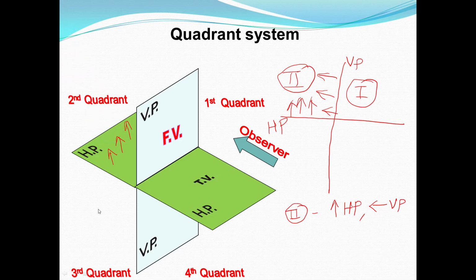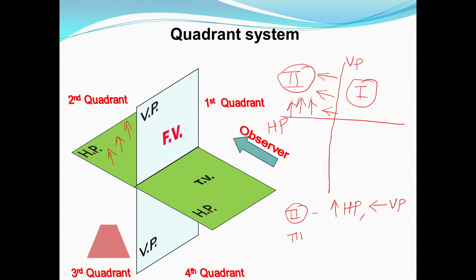So how to identify an object in the third quadrant? Similar to the first quadrant, you can say the object is below the HP. First of all, the object is below the HP.